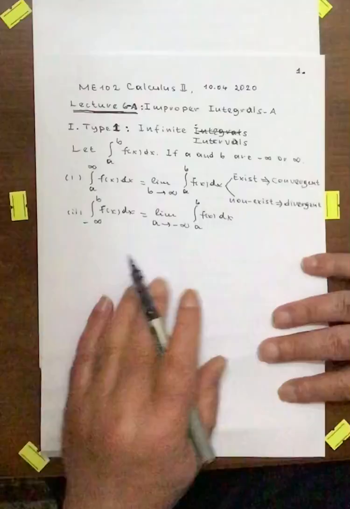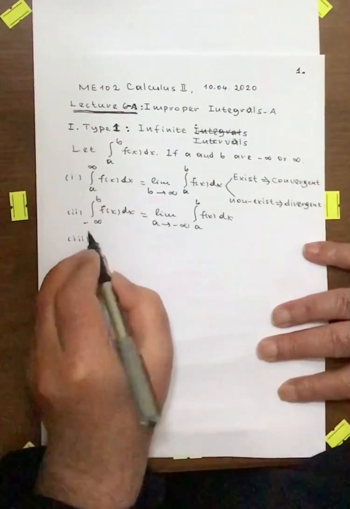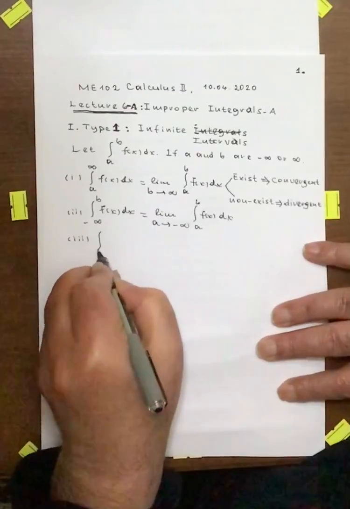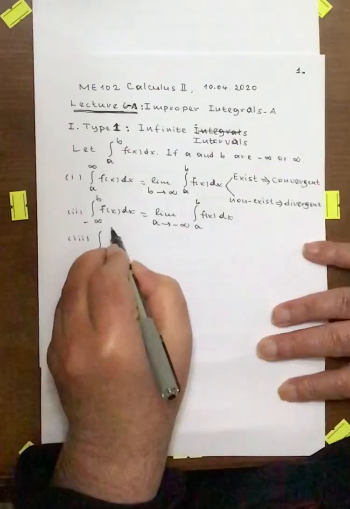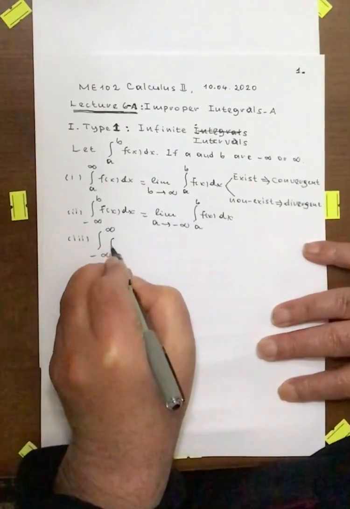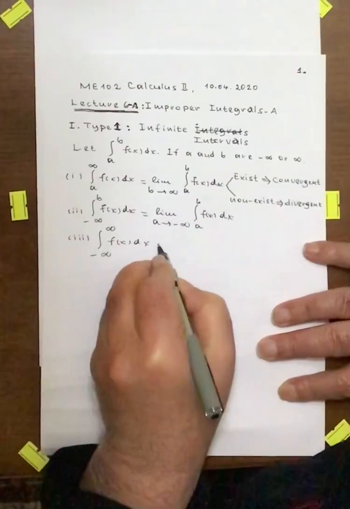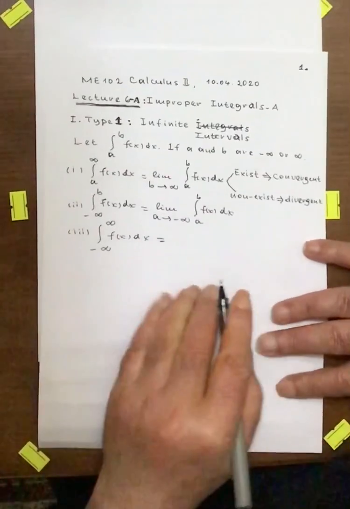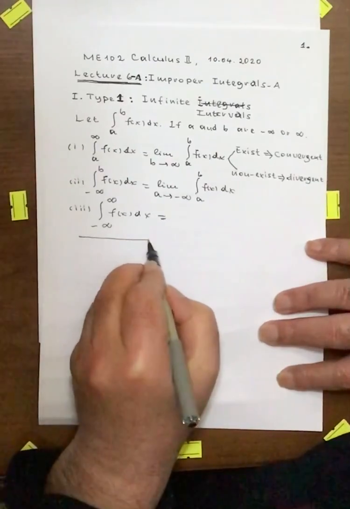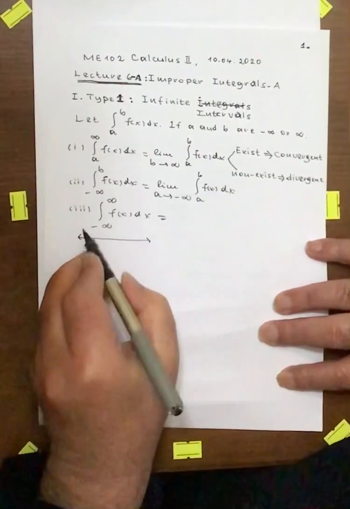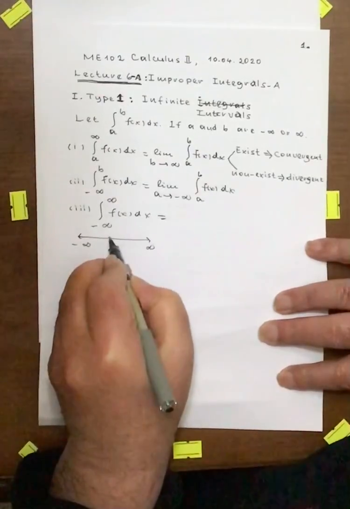Okay, now the last type is integral from minus infinity to infinity f of x dx. Now this is our interval from minus infinity to infinity.